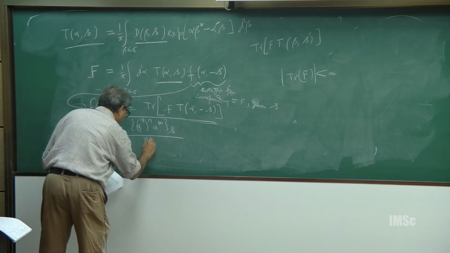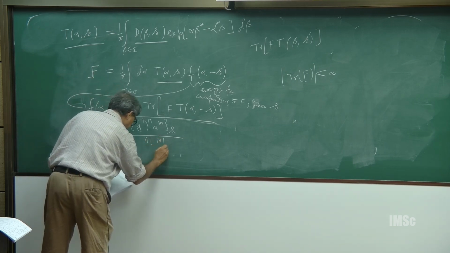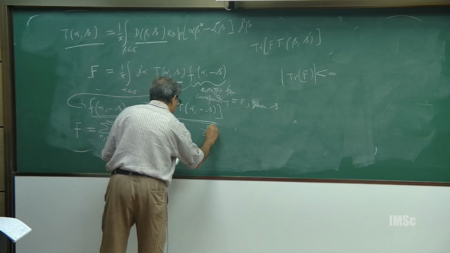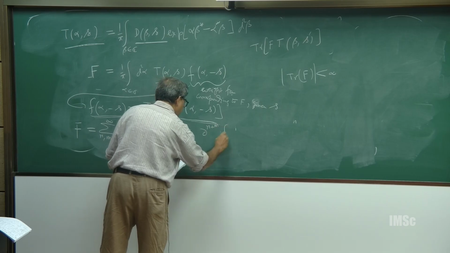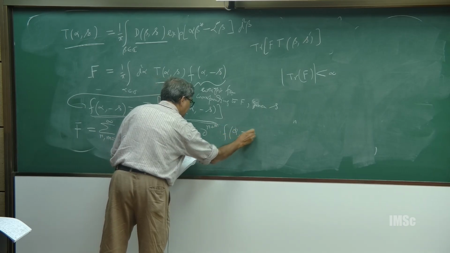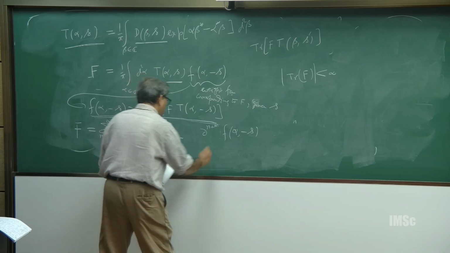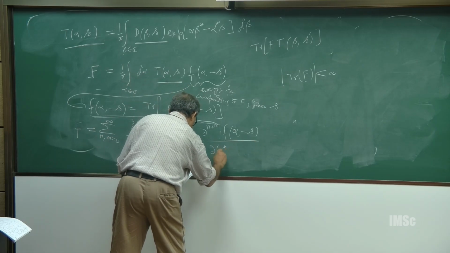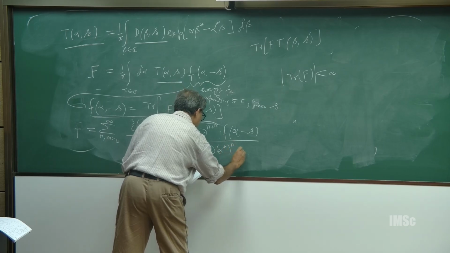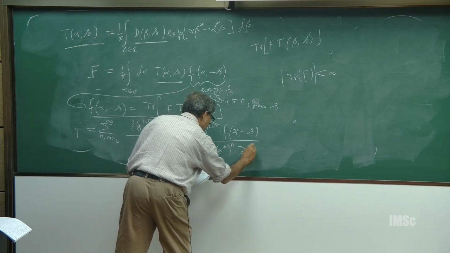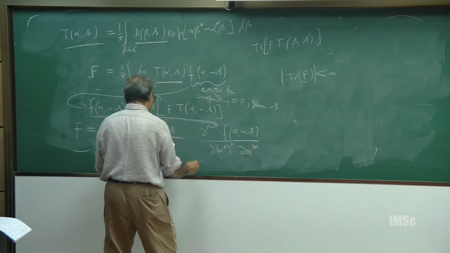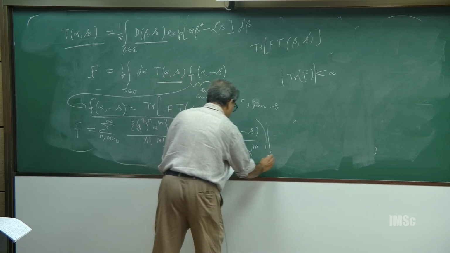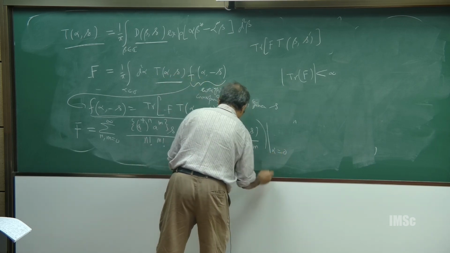This is 1 over n factorial m factorial, and then you take the derivative del n plus m of f of alpha, minus s, divided by del alpha star to the power n del alpha to the power m, and then you take its value at alpha equal to 0.